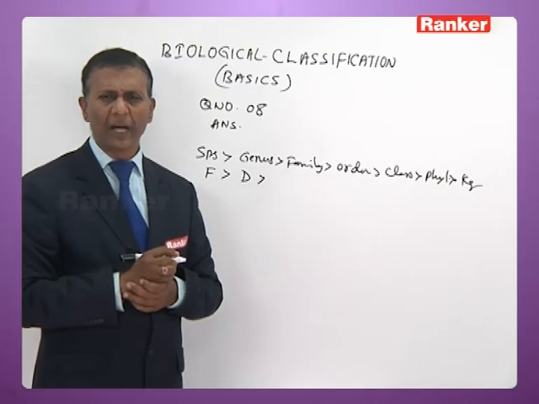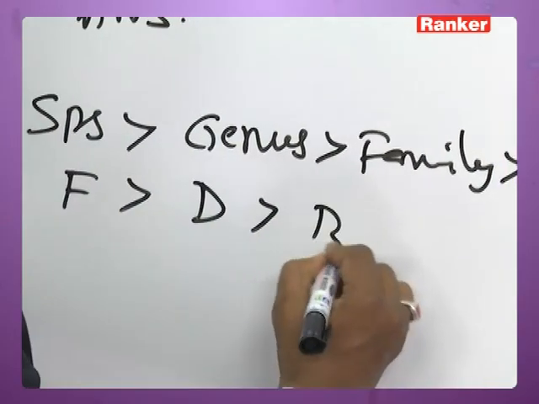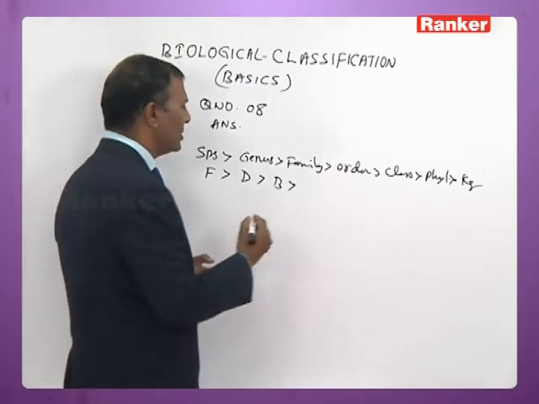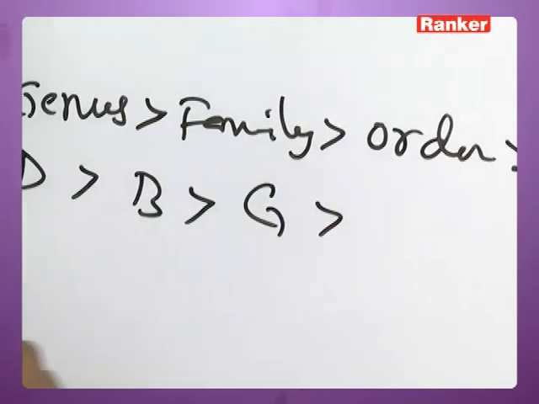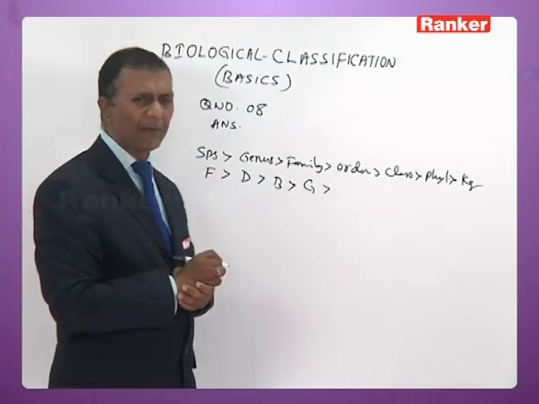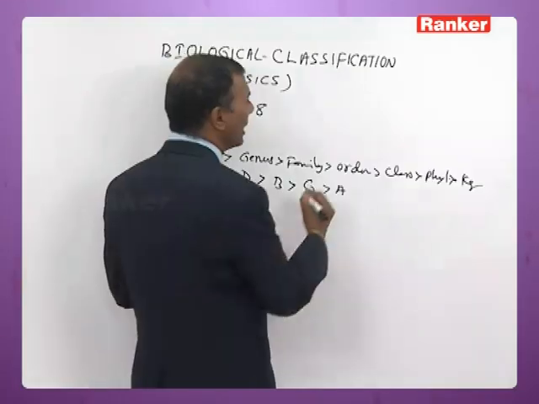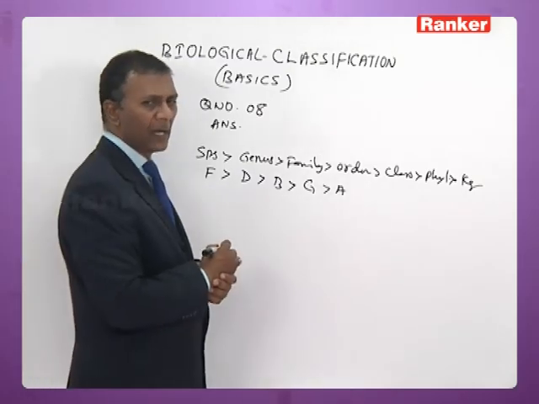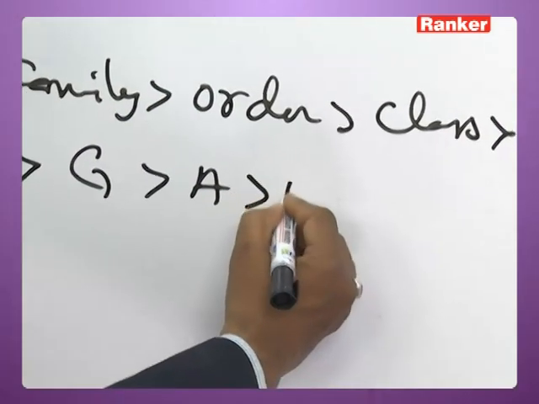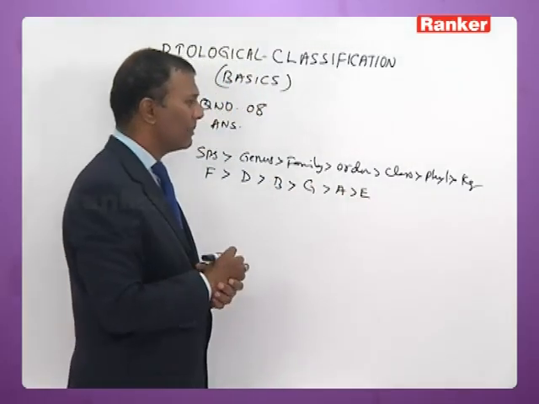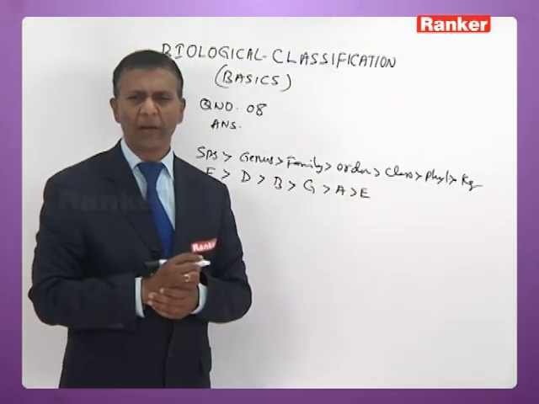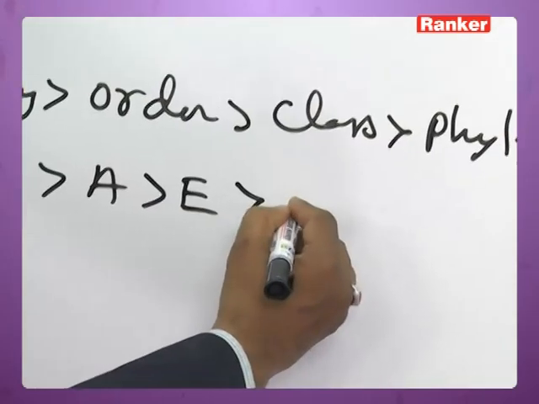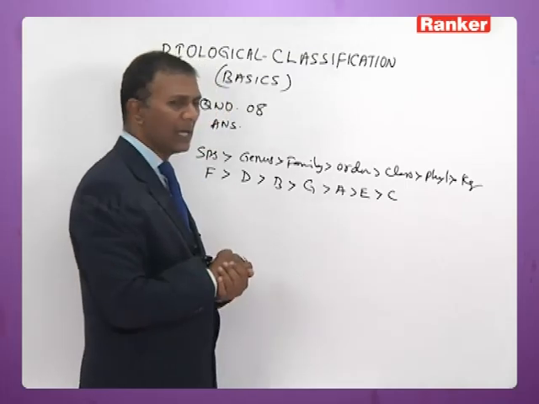Family is given under B. Then order. Order is given under G. Next is class. Class is given under A. Then phylum. Phylum is given under E. Then next you have kingdom. Kingdom is given under C.